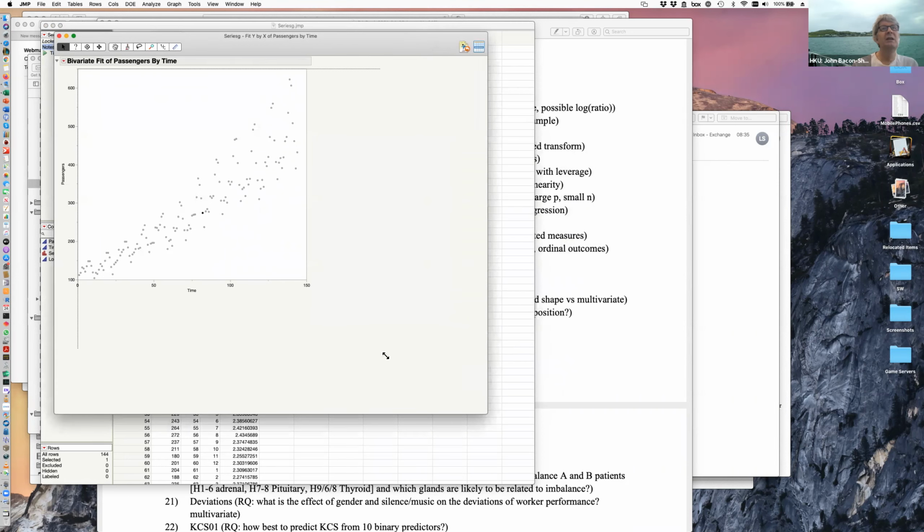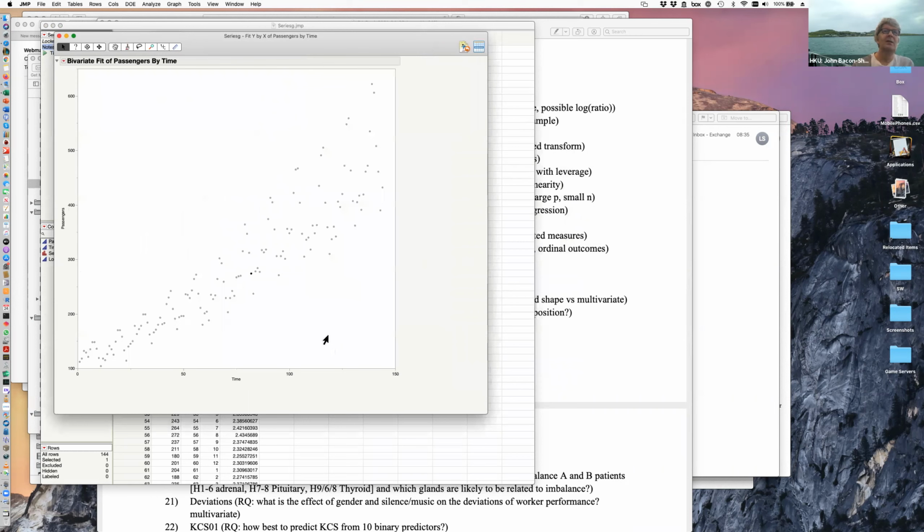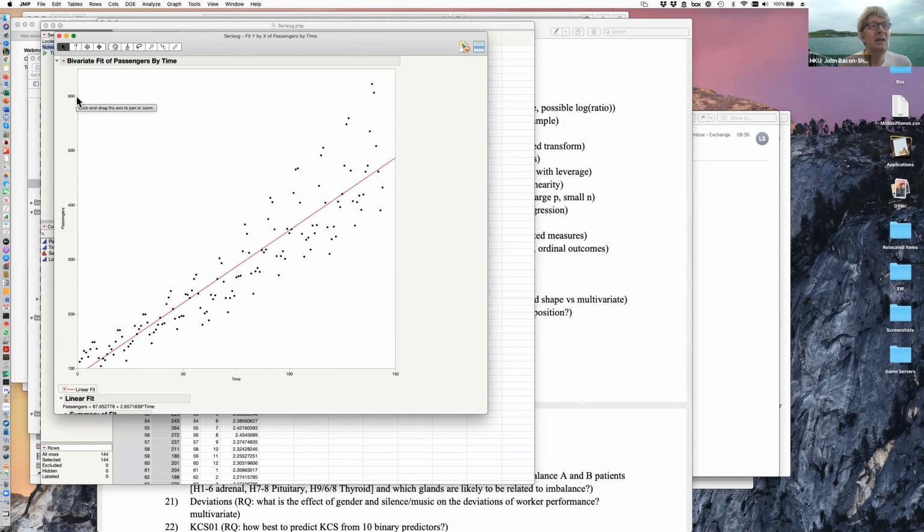So you can see that indeed the number of passengers increases with time, right? But it looks relatively random if we look at it like this, okay? So if you don't look too carefully at this, it looks like just generally, as time increases, the number of passengers increases. So if we fit a straight line to that, it explains a reasonable amount of the variability, right?